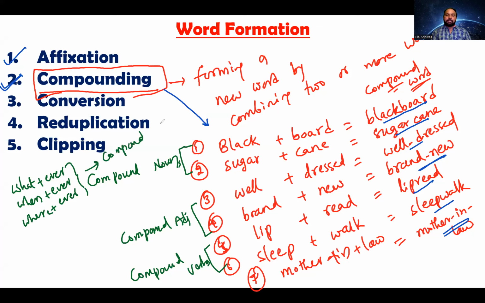We can also call them conjunctions. So compound words include compound nouns, compound adjectives, and compound verbs. Even compound adverbs are there. So this is about the concept of compounding, and these things are to be remembered.